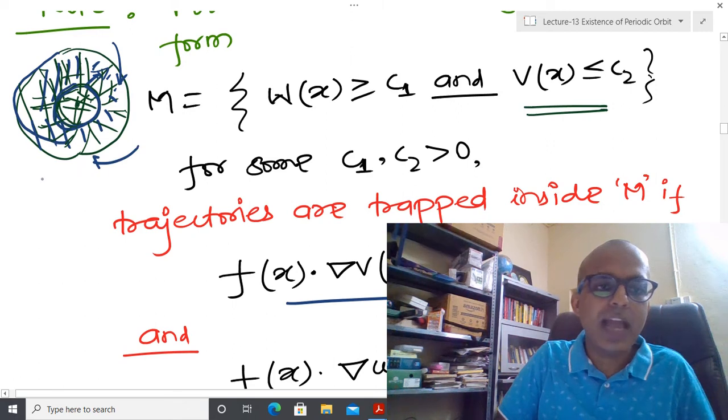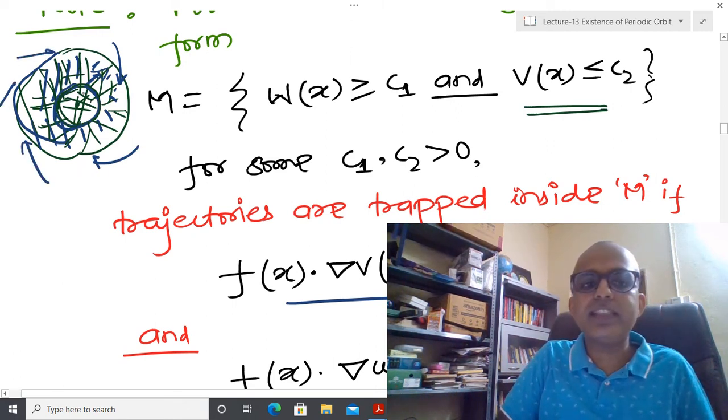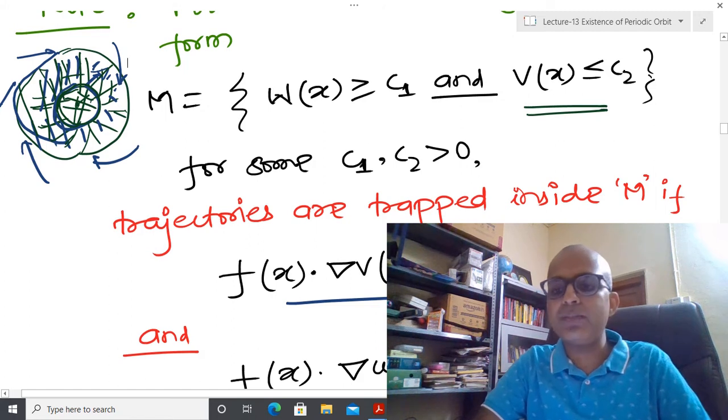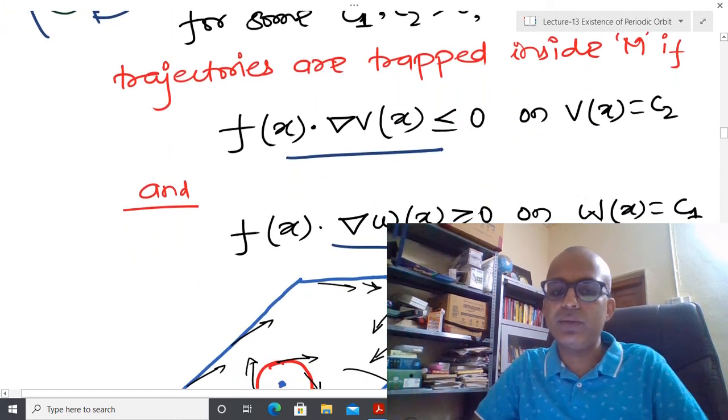I am talking about the boundary, not inside. So if this kind of condition is satisfied, then we say there exists a periodic orbit in this annular region. Anyone has confusion on this? Then please let me know.